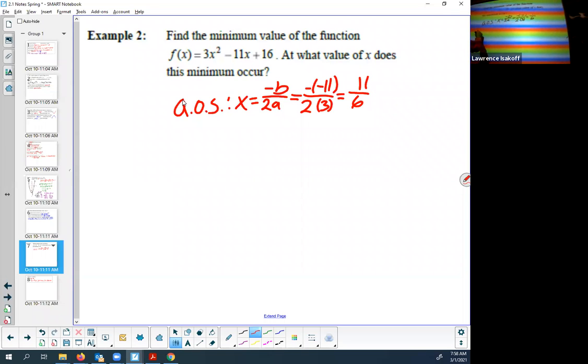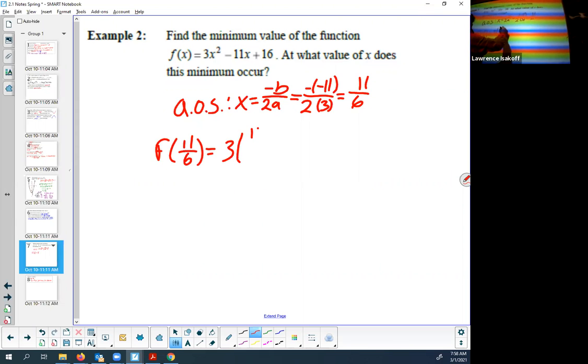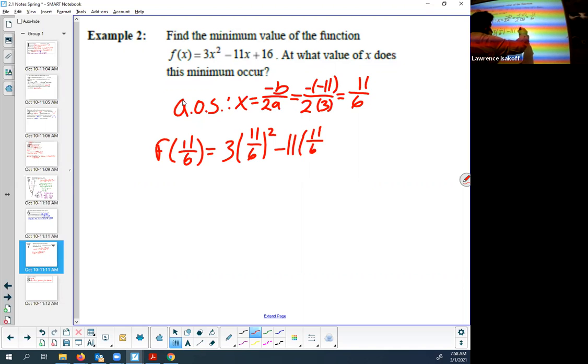So let's now go ahead and plug this in. f of 11 over 6 is equal to 3 times 11 over 6 squared, minus 11 times 11 over 6, plus 16.